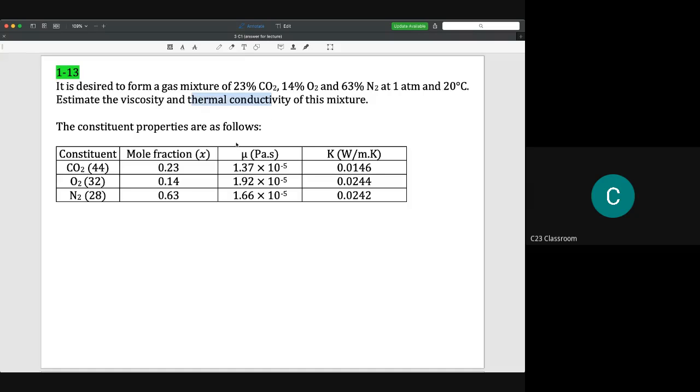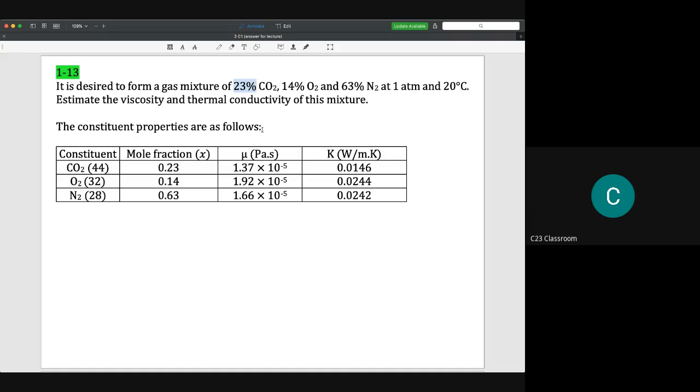This is the common value of carbon dioxide, oxygen, and nitrogen. We know its molecular mass, which is 44, 32, and 28 respectively. And then this is the mole fraction, which reflects the percentage of the gas here.